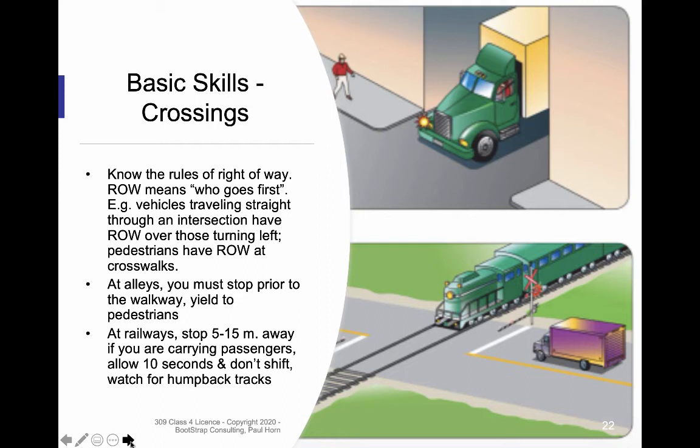Railway crossings are also going to come up. The rule is that you should stop 5 to 15 meters away if you are carrying any passengers at all. You'll notice that that means the vehicle is not just stopped at the front gate in this picture. Even if there is no marking on a crosswalk, you're expected to stop 5 to 15 meters. 5 meters is 15 feet, folks.